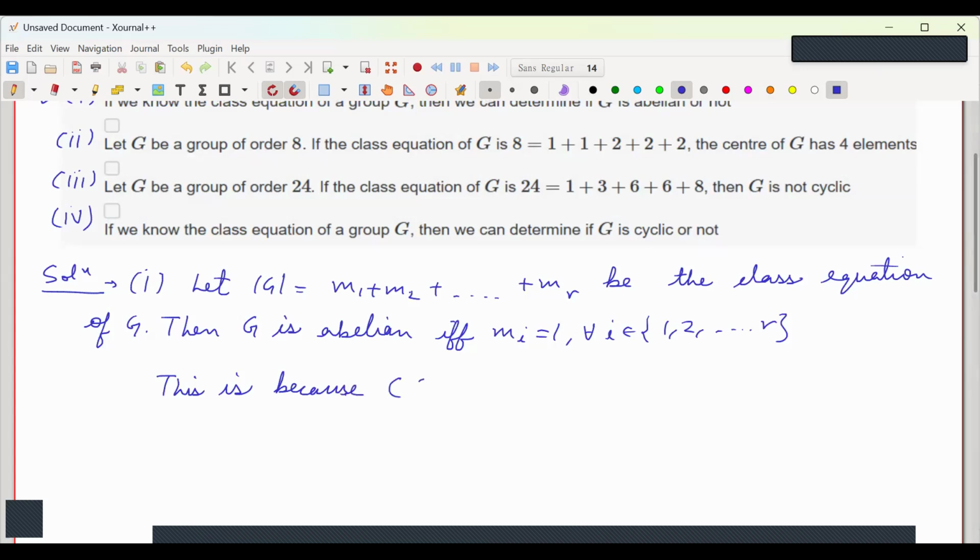The class of x is equal to {x} for all x belonging to G if and only if... or maybe a slightly better version of it, which may help us in solving other parts as well.